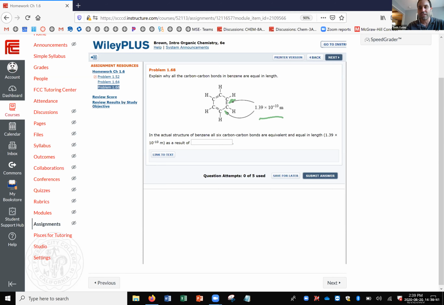And this arises because we have this kind of unique situation here. When we originally drew that structure of benzene, there were 6 carbons. They were sort of in a ring like this. And I apologize for the drawing on the screen. It's really, really ugly.